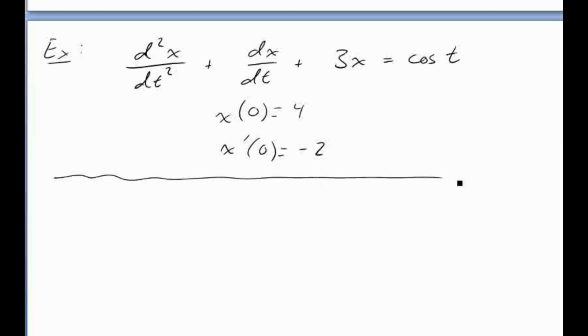All right. Once again, we have a very stereotyped process here. We're just going to make x1 equal to just x.